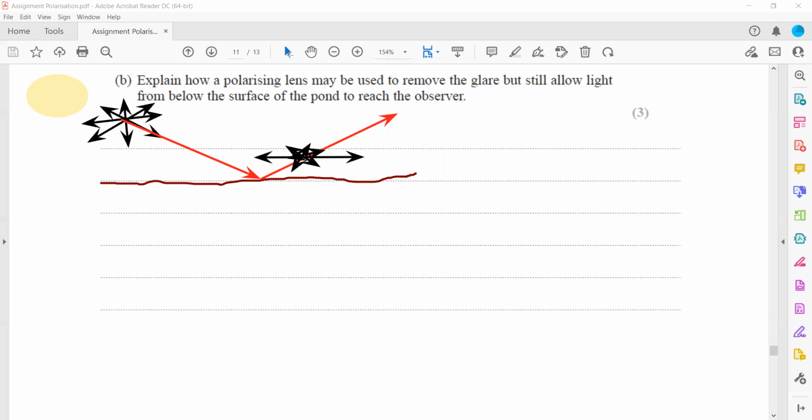And objects which are underwater, the light is reflected from those objects which are under the water. Because refraction does not polarize the light, while reflection can polarize the light. So this is the unpolarized light again.